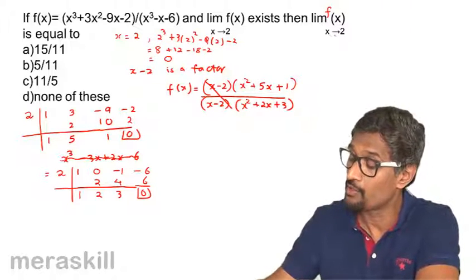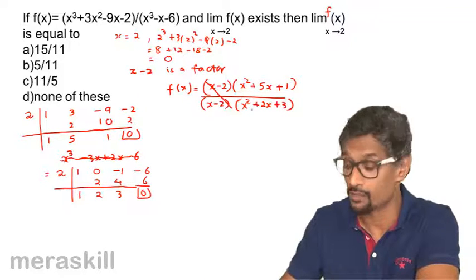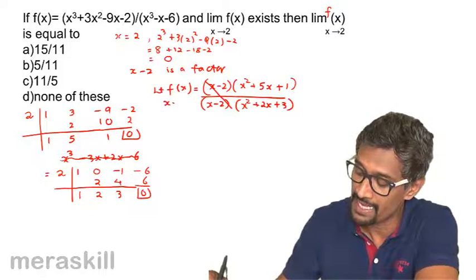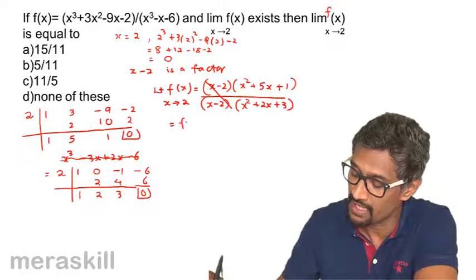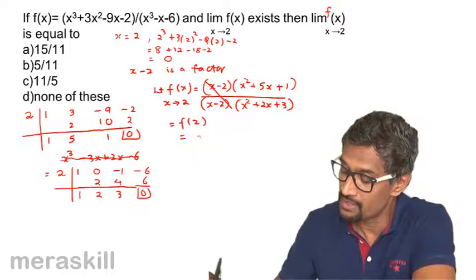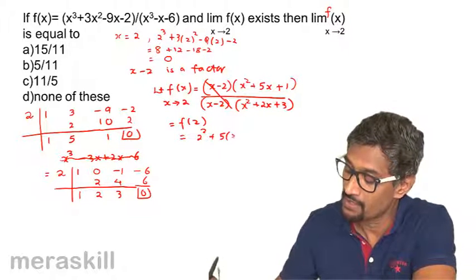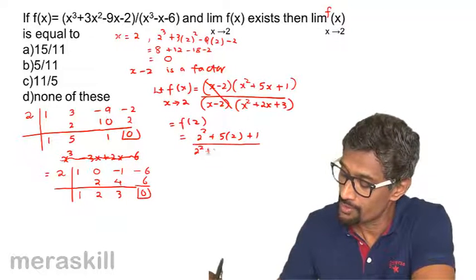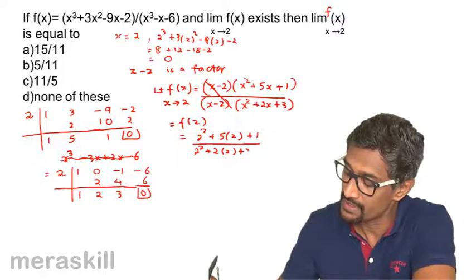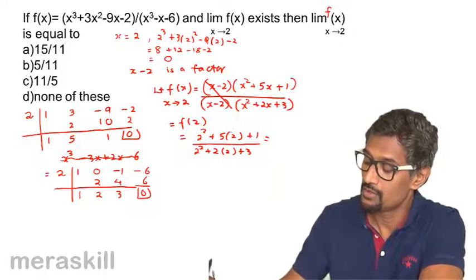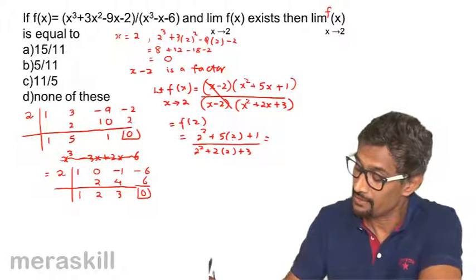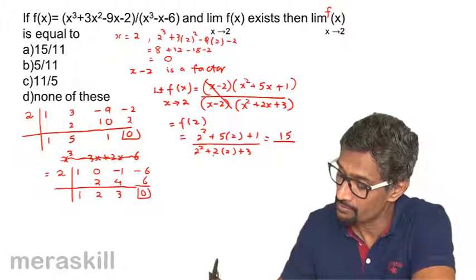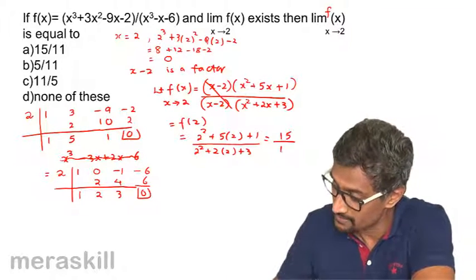Now for the value of x equal to 2, the expression is determinate. So the limit of f of x as x approaches 2 is nothing but f of 2 itself, which is 2 square plus 5 into 2 plus 1 upon 2 square plus 2 into 2 plus 3, which will turn out to be 4 plus 10, 14 plus 1, 15, and the denominator is 4 plus 4, 8 plus 3, 11.